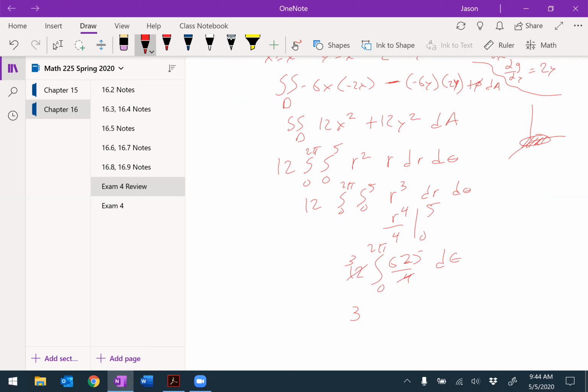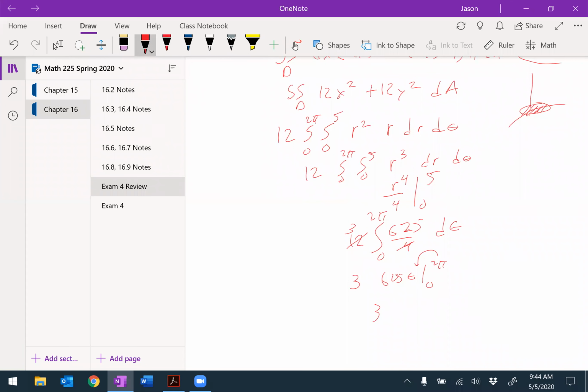Okay, integrate this guy here. That's going to be 625 theta from 0 to 2 pi. We'll just multiply this times 2. Plug the 2 pi in for theta, and I get 6 pi times 625, which is 3750 pi.